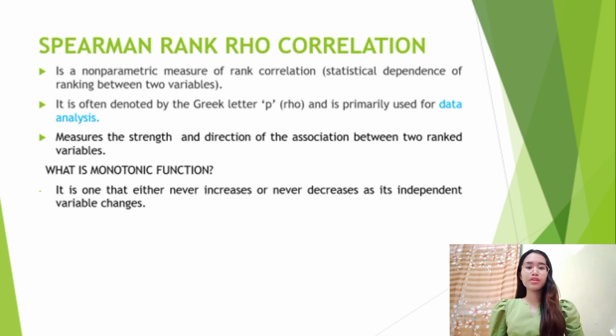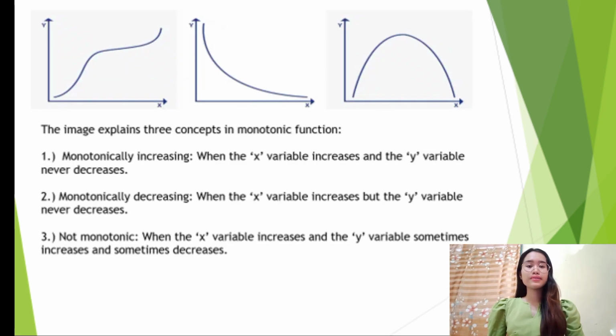So what is a monotonic function? To understand Spearman's rank correlation, it is important to understand monotonic function. A monotonic function is one that either never increases or never decreases as its independent variable changes. The image explains three concepts in monotonic function.